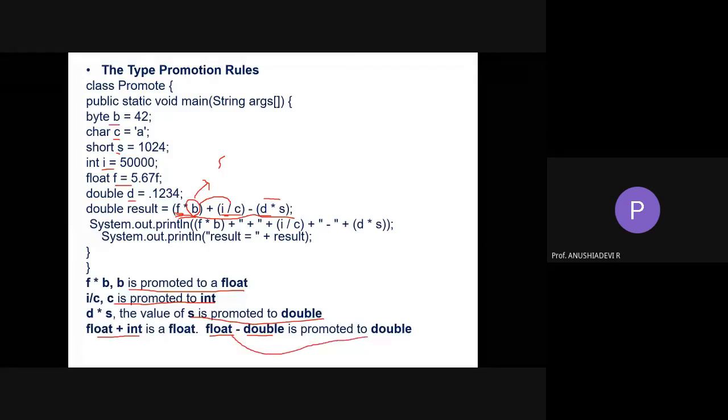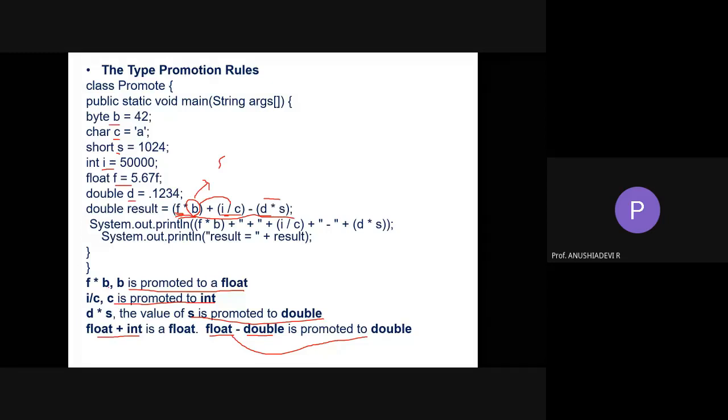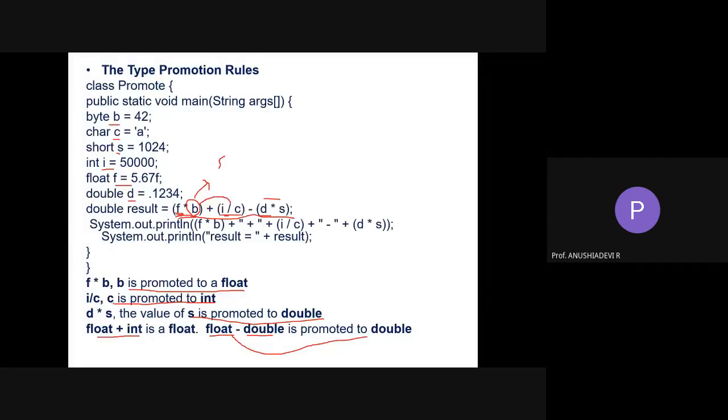Double. Understood? When I multiply f into b, what is the type of f? Float. What is the type of b? Byte. So here b is promoted to float. When I divide i by c, what is the type of i? Integer. What is the type of c? Character. So c is promoted to int. When I multiply double and short type, the short type is promoted to double.